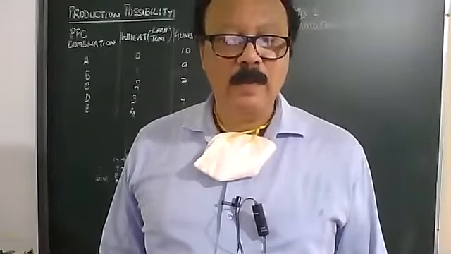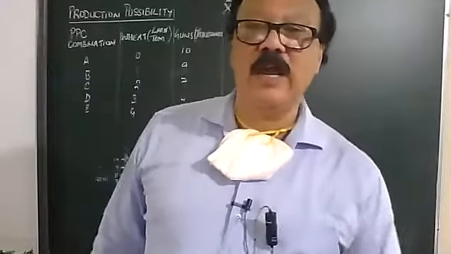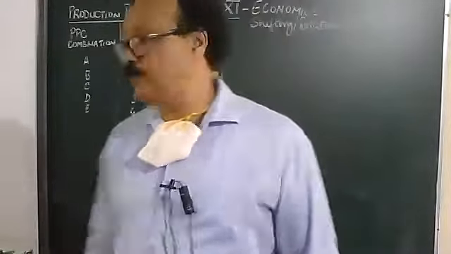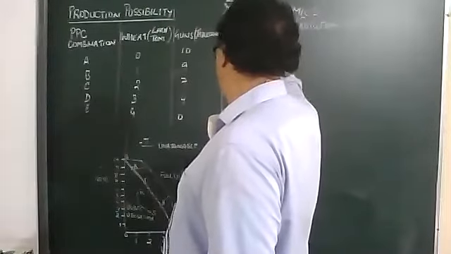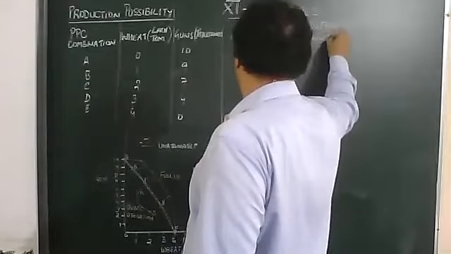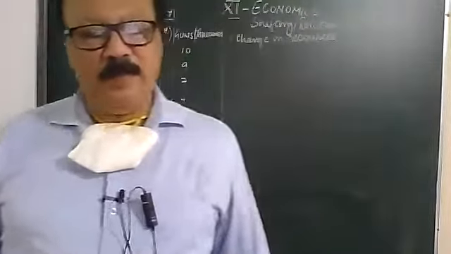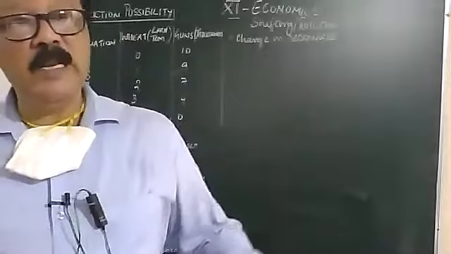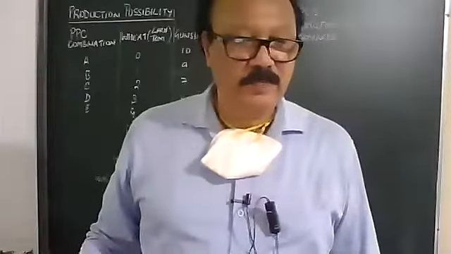Number one, when there is a change in resources. Write down change in resources. First is because of change in resources. Now, what kind of a change could there be? There could be two. Either there's an increase or there is a decrease.